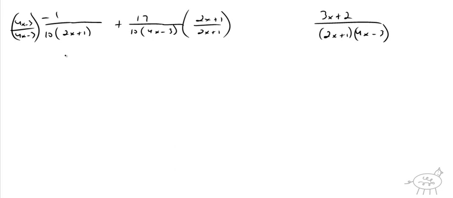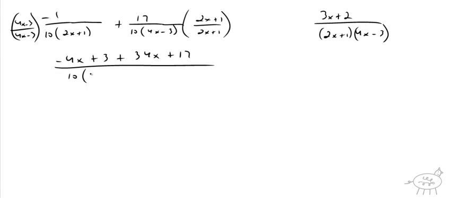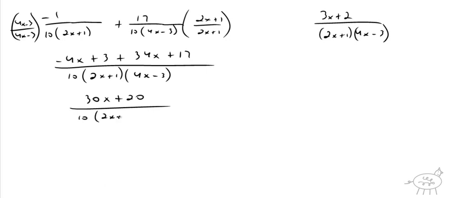Okay, so if I multiply the top, I get negative 4x plus 3 plus 34x plus 17 all over 10 times 2x plus 1, 4x minus 3. Okay, I combine the top, I get 30x plus 20 over 10, 2x plus 1, 4x minus 3.